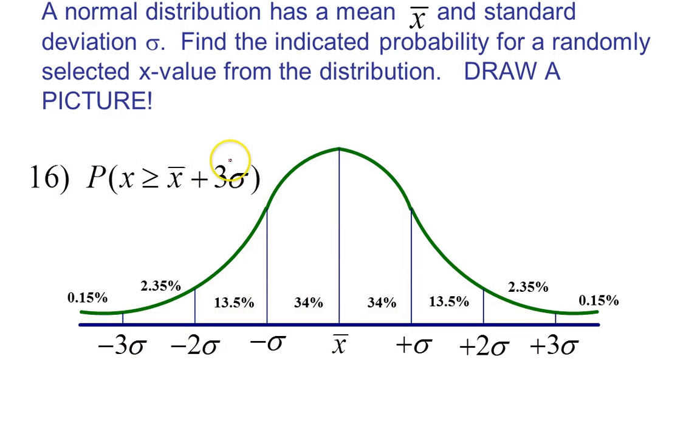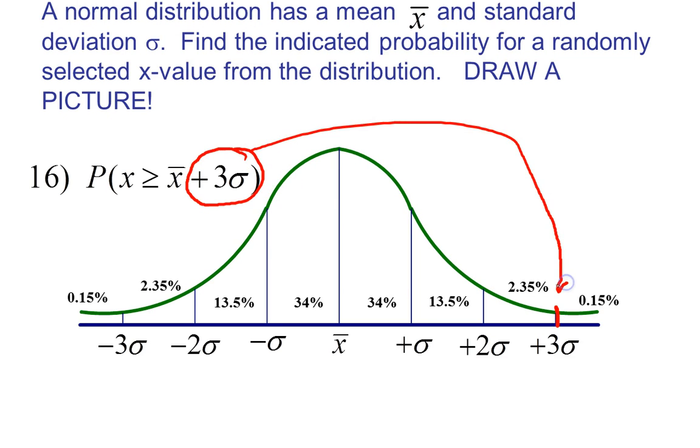Number 16. Focus on your positive 3 standard deviations. That means we're talking about this spot right here on the graph. This is a greater than symbol, greater than or equal to. So that means we should be looking to the right, to the right of our 3 standard deviation mark.